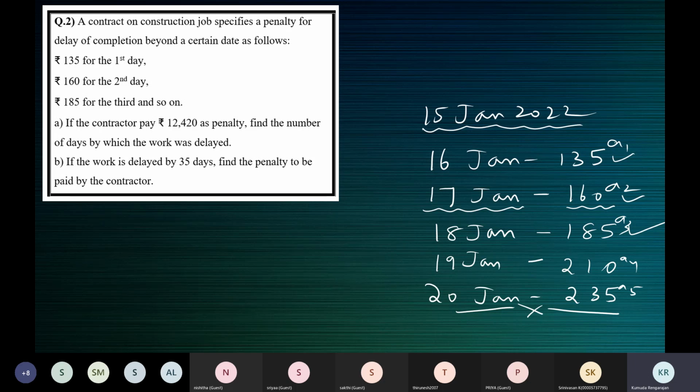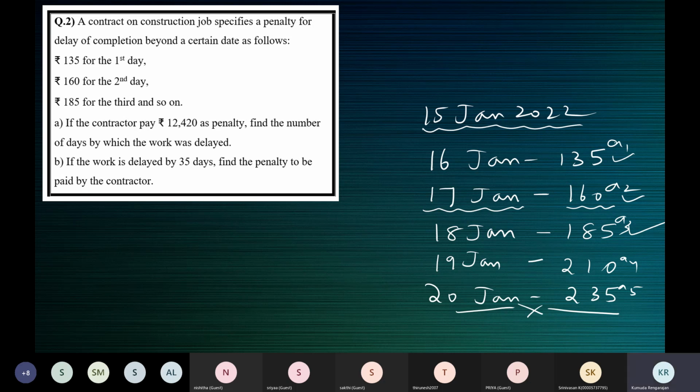The penalty for a particular day: the penalty for the first day, the penalty for the second day, the penalty for the third day, the penalty for the fourth day. Like this, the penalties for a particular day make the terms of the AP.